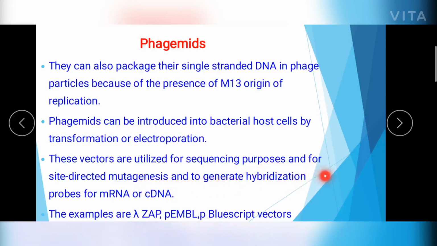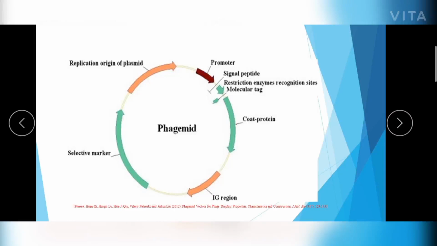The most common examples are the pBluescript vector and the lambda ZAP vector.